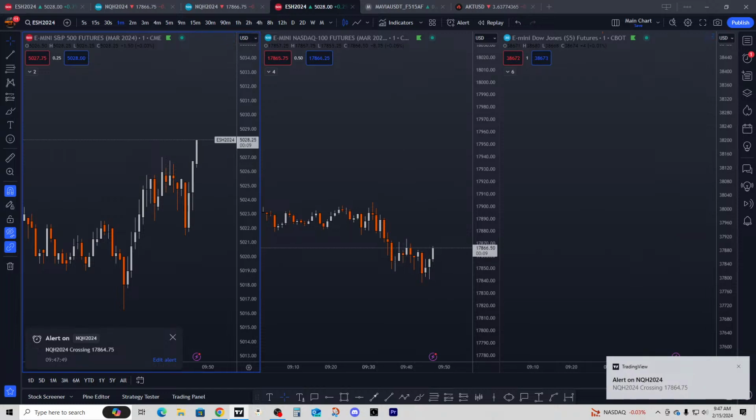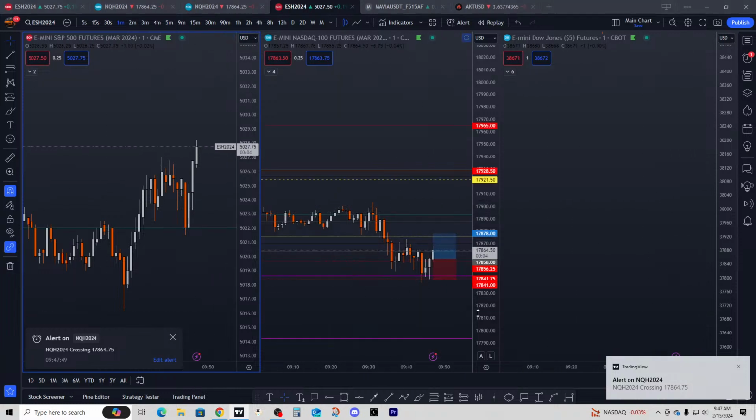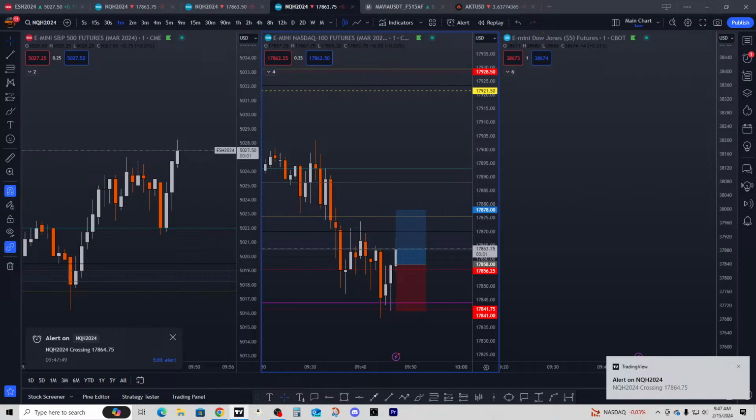There we go, there we go, there we go. Let's see if we keep going, ripping up. So if you'd be in this trade, stops would have to be at break even right now.